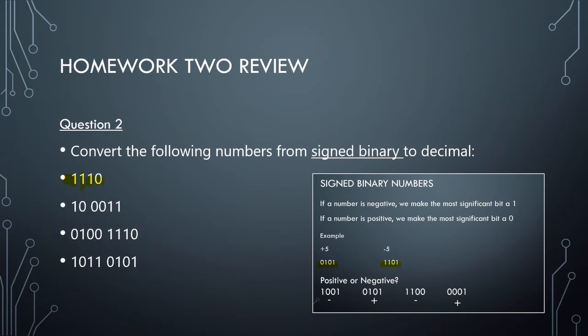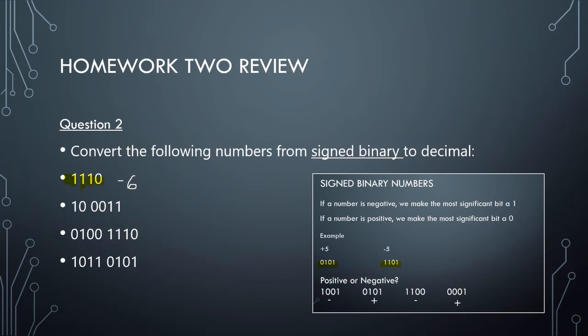So 4 plus 2 is going to be 6. These last 3 digits are the binary representation for the decimal number 6, but because the most significant bit is a 1, that makes this number negative 6.